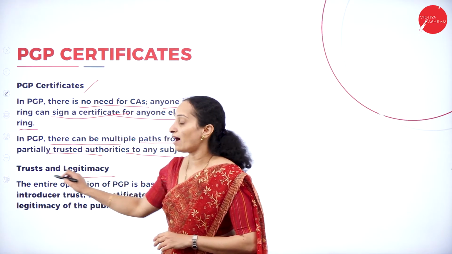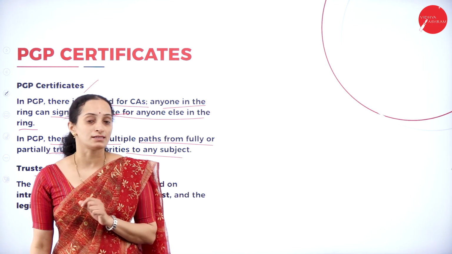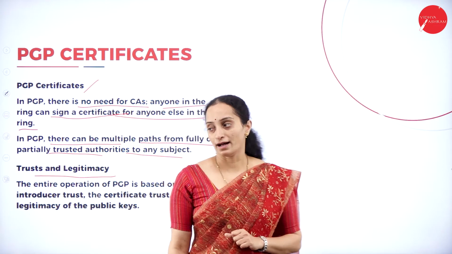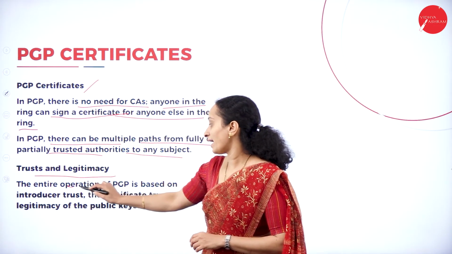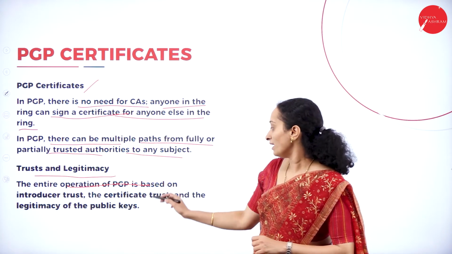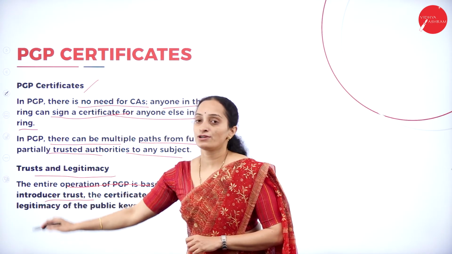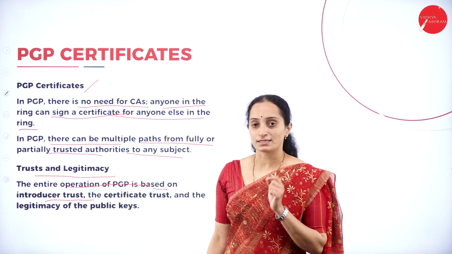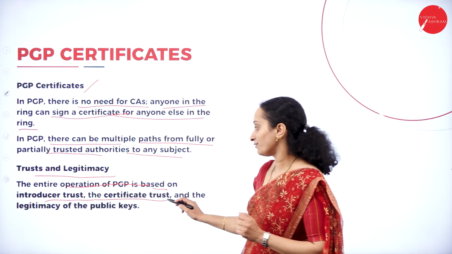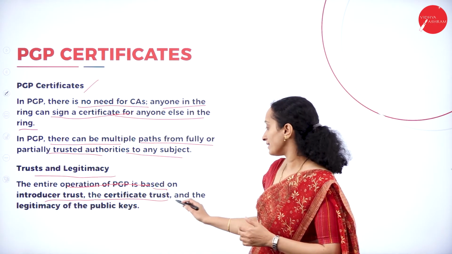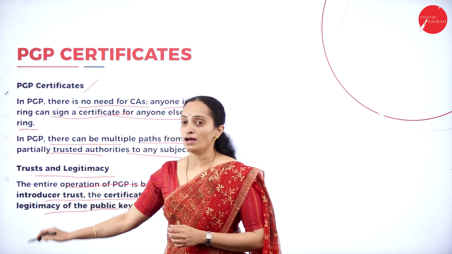Okay. Then we have the concept of trust and legitimacy, how legitimate it is. The entire operation of PGP is based on introducer trust. It is the trust center for getting the certificate trust, and the legitimacy of the public key.